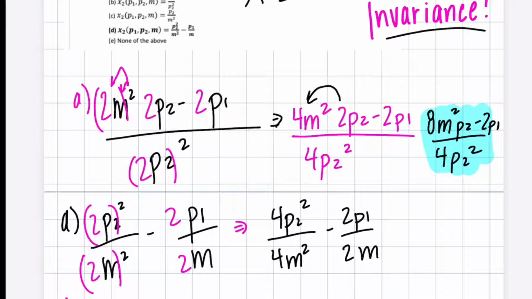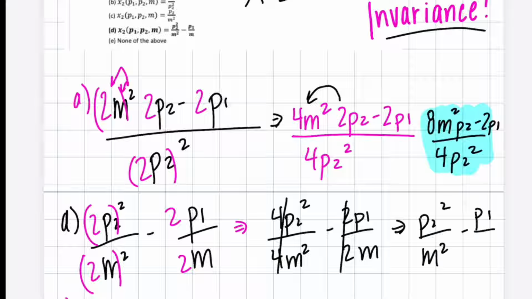I see here that this 4 and this 4 cancel out, this 2 and this 2 cancel out, so I'm just left with p2 squared over m squared minus p1 over m. I see that this is exactly the same as what I started with here, so this one is a demand function.